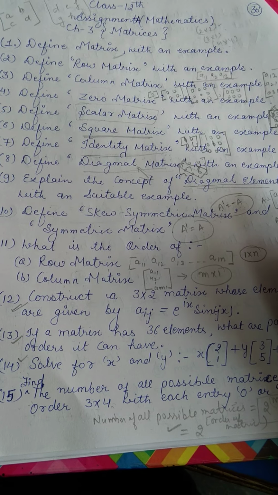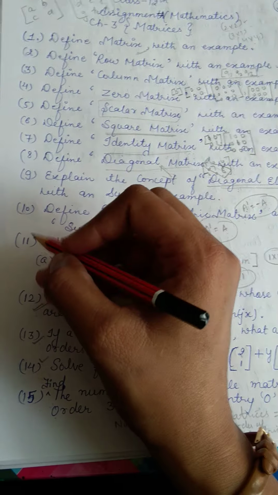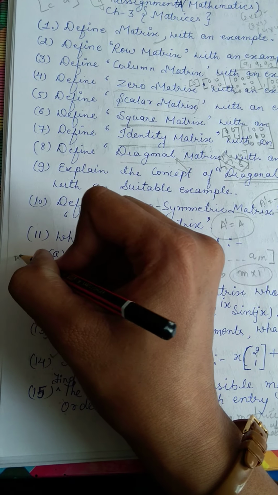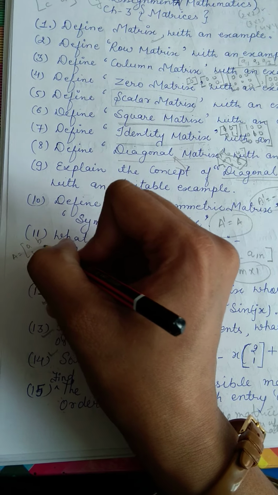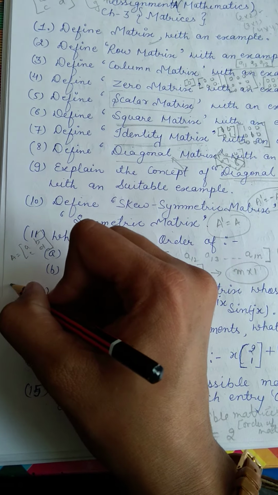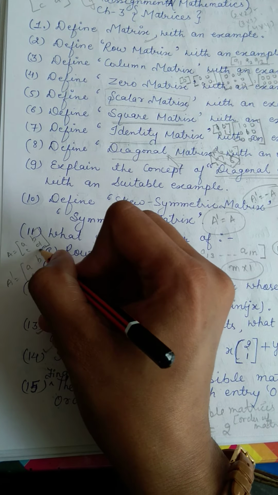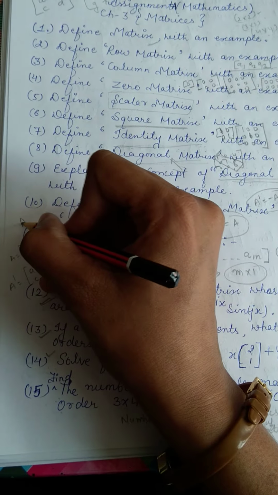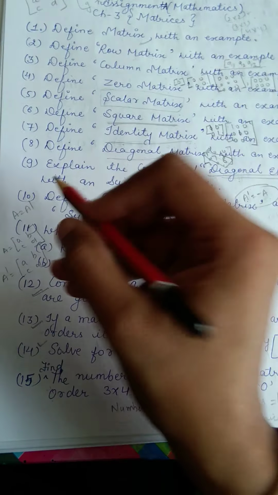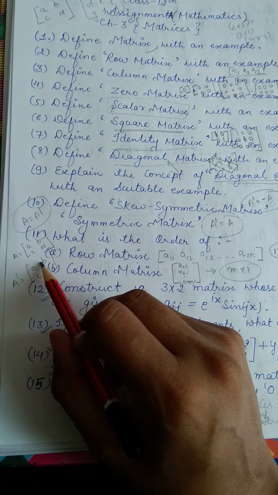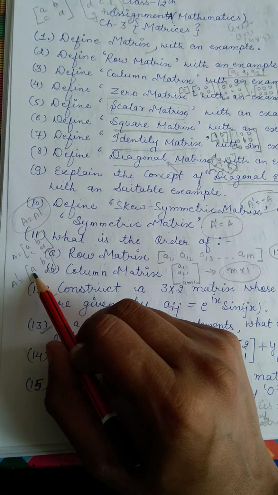And if by chance in any question your A is A, B, C and D, and when you do its transpose you get again A, B, C, D, in this case your A is equal to A dash, so you will have your symmetric matrix.